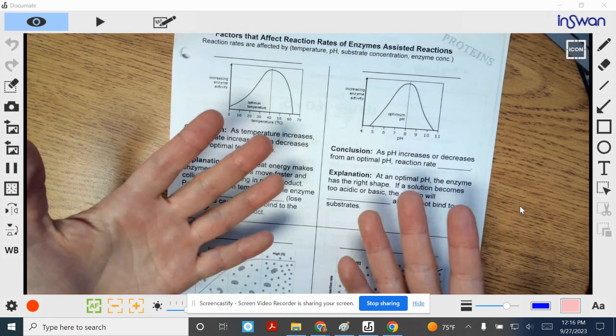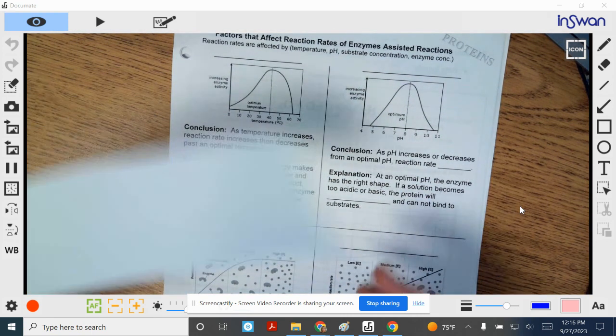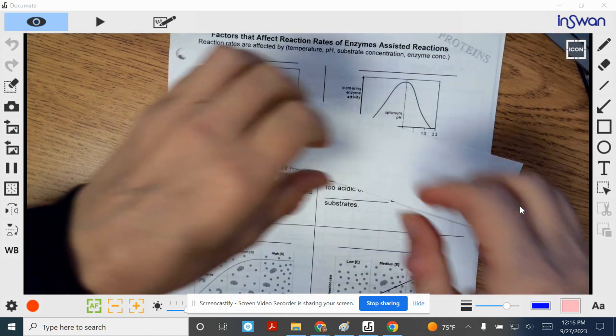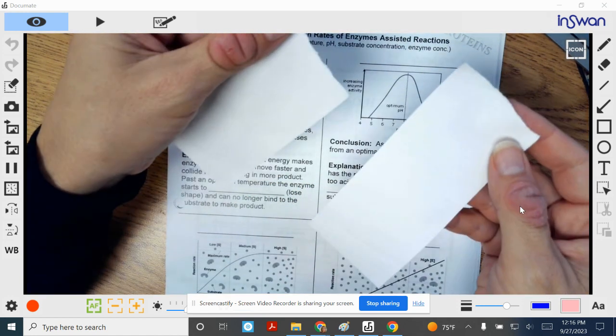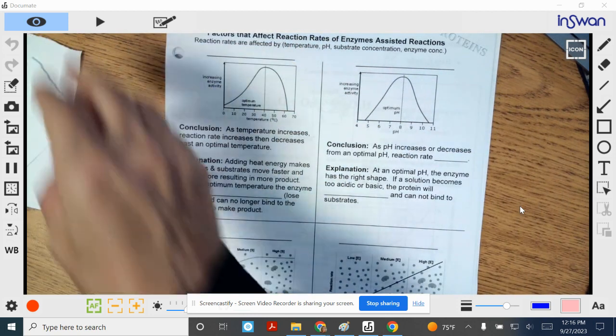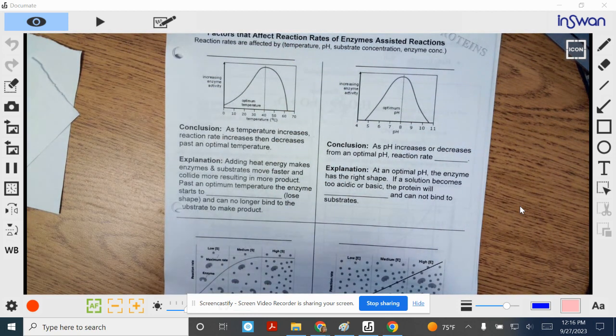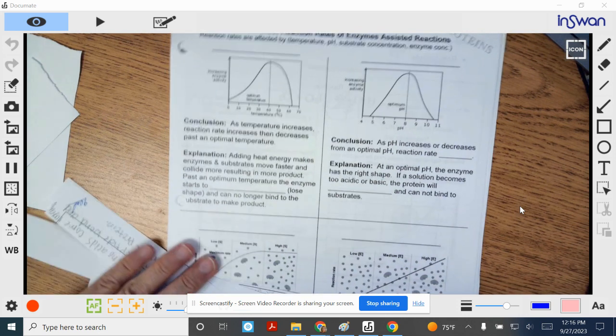My hands are like the enzyme. So here's the substrate. If I bind to it, I can cause that reaction to take place. Substrate's gone, and now I have the products. Now, the speed at which I make products can be called the reaction rate.